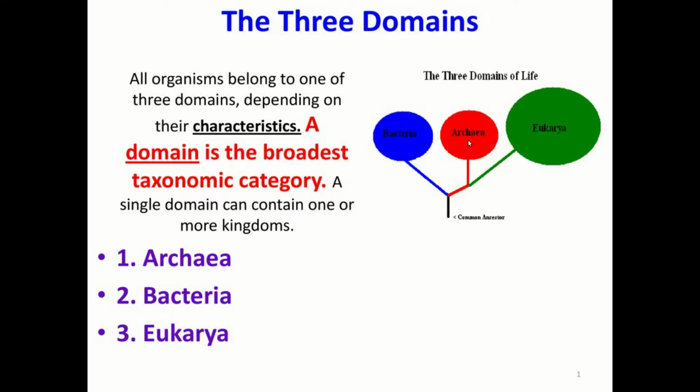And because of this, we have decided that it's better to break organisms up into domains, the highest level of organization: bacteria, which look almost identical to archaea, and then the eukaryotes, which I've explained, the multicellular organisms, or at least the ones that have organelles.